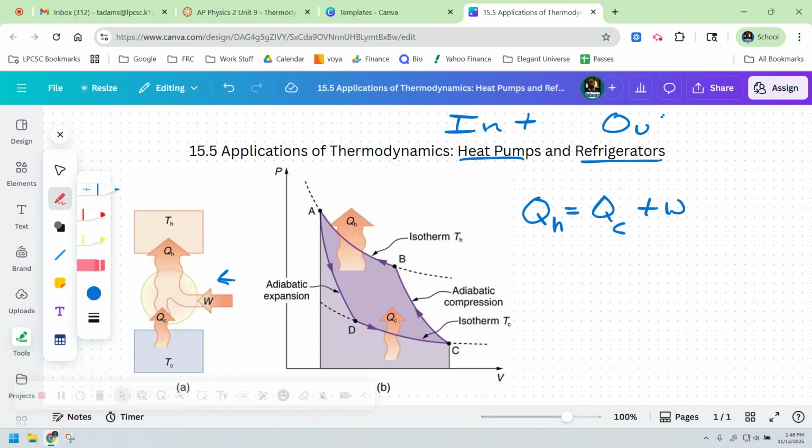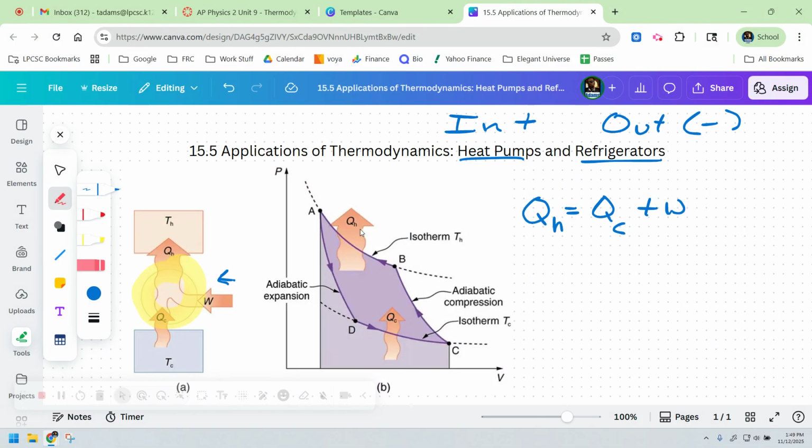Out is negative. Okay, and when I say system, what I'm talking about is this right here, whatever that system is. It could be your bedroom or living room at your house where you have air conditioning. But the important thing to look at when we look at these PV diagrams, if you start at A, is to notice that the direction of the arrows are opposite.